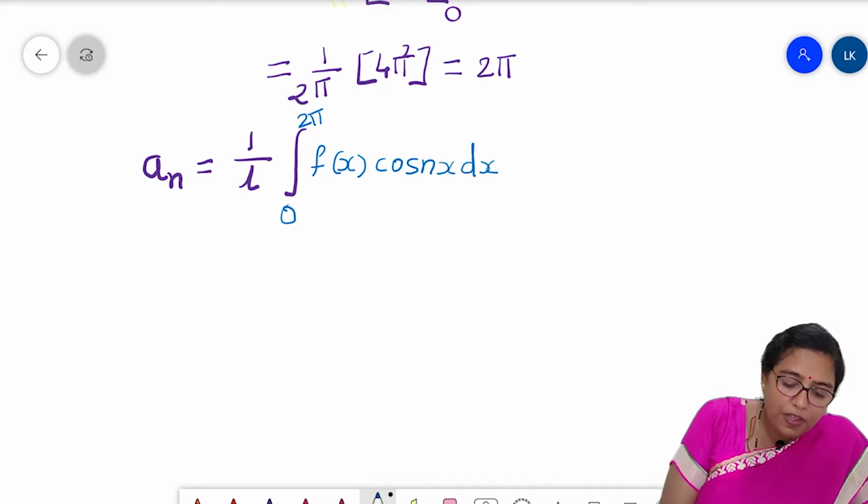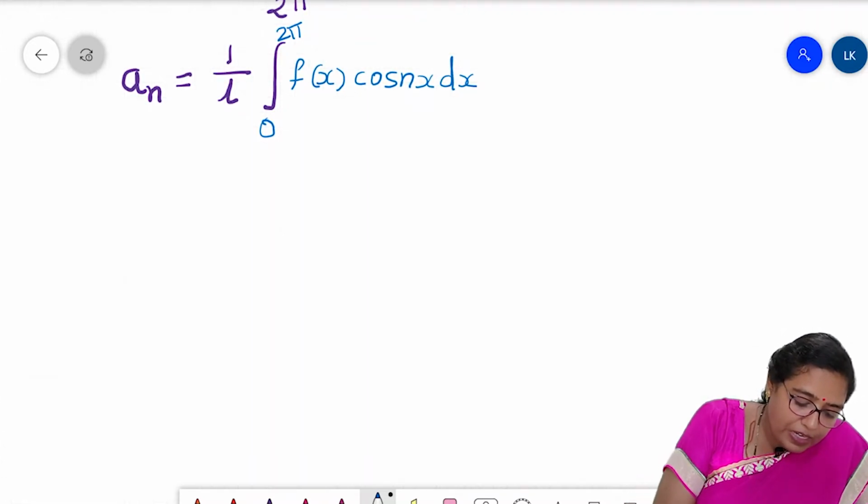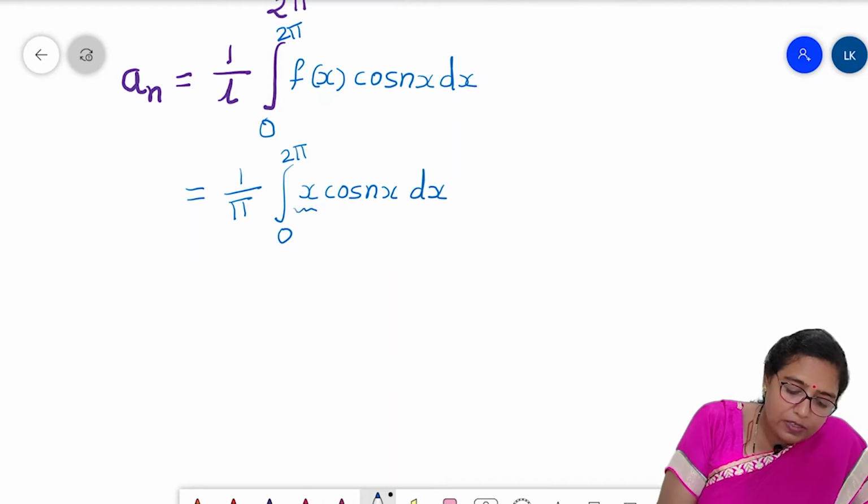The value of f(x) is x and the value of l is pi. 1 upon pi integral 0 to 2 pi x cos nx dx. Integral by parts.